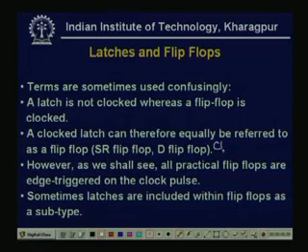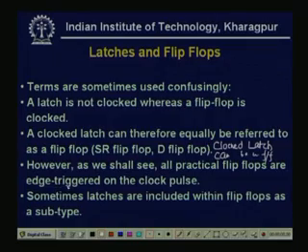So, I can write that a clocked latch can be a flip flop. However, we will see that all practical flip flops are edge triggered.